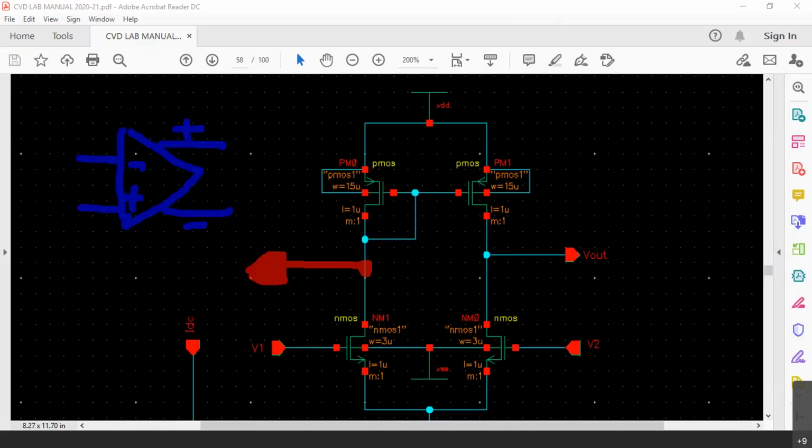Now when you have a differential input, differential output amplifier, this will have a much larger CMRR. It will have a much larger common mode rejection ratio. Can you tell me how? I gave you a clue that this particular circuit will have a much larger CMRR. But how can it have a larger CMRR? Can anybody tell me?